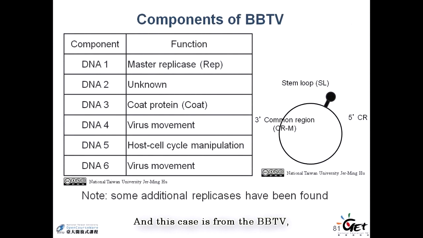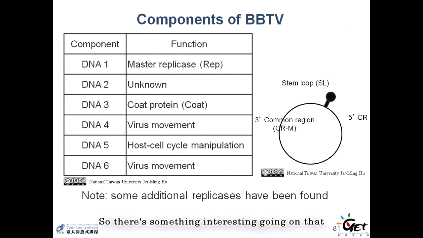And this case is from BBTV, the banana bunchy top virus, and this is from my own study. This virus is kind of very strange. It has six components, and the six components share a stem loop region and also the 3' common region, but they differ in the other coding regions.